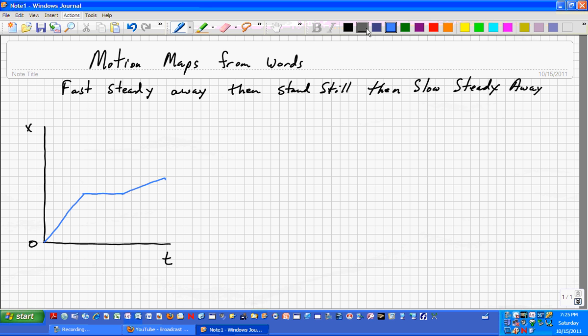And again, I've got 3 motions. So I'm going to identify the spots where those motions change, and make a few notes to help me make my motion map. Down below, I'm going to write in my motions. This is fast, steady, away.